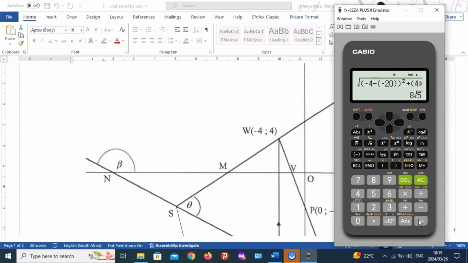So SW equals 8√5. Remember that WR we calculated to be 72/5, and we have this angle being 48.37.